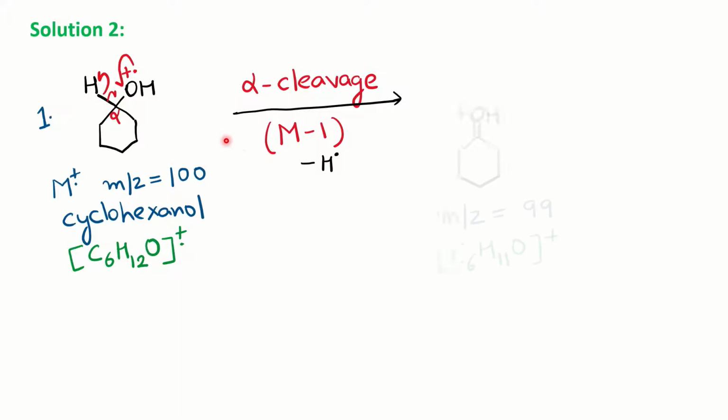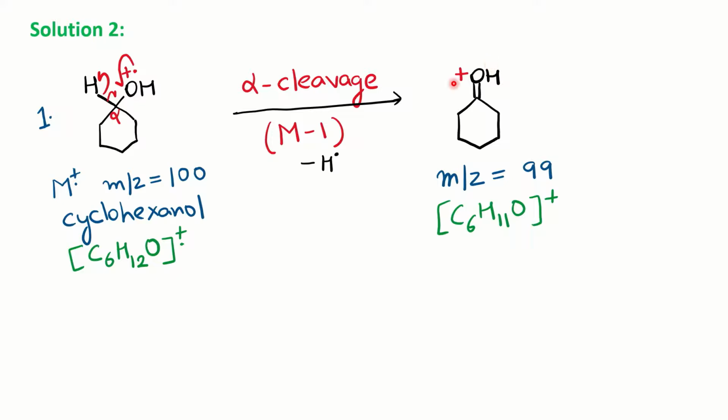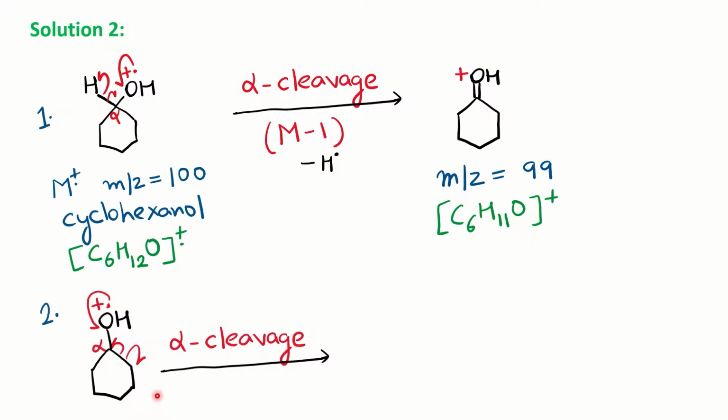Hydrogen is released as a free radical and you are getting a carbocation here. So M by Z 99 will be the most common peak, and the intensity will also be high, and normally the molecular ion peak of cyclohexanol, being aliphatic, will be weak because it exists in this form usually. Okay, so the second possibility of the cleavage is if you are cleaving the ring bond. Okay, so this is again an alpha bond, same method.